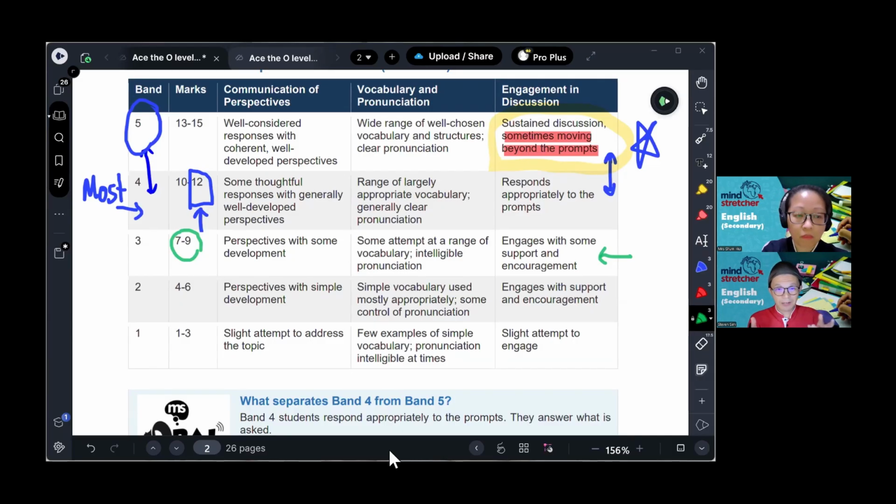So for example, if I ask Mrs. Shum, I say, Mrs. Shum, do you think that exercise is important for the elderly? Yes, it is important for the elderly.